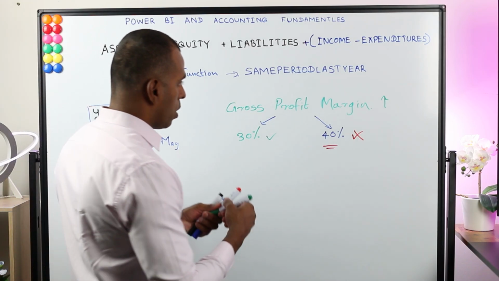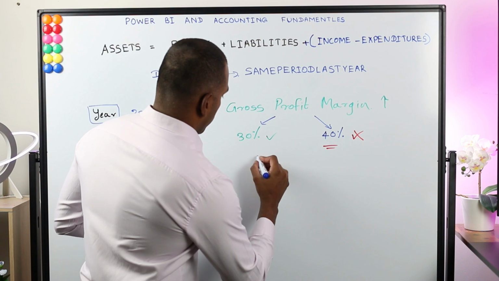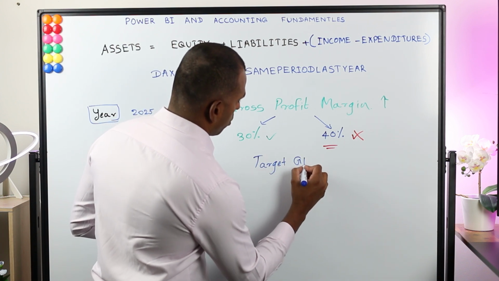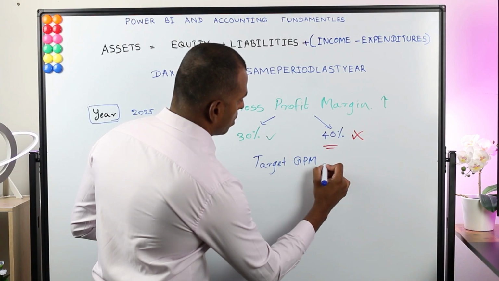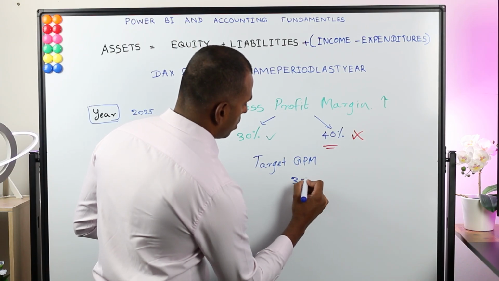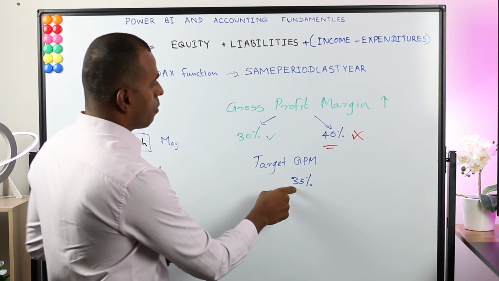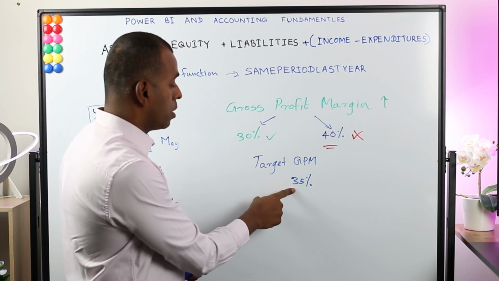Let's say the targeted gross profit margin is 35%.